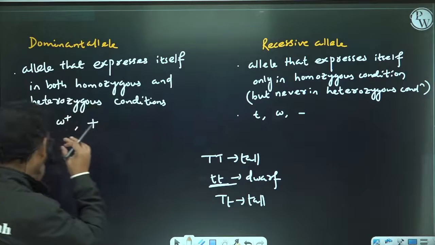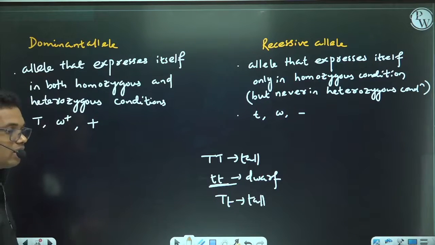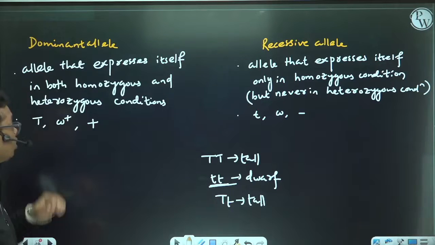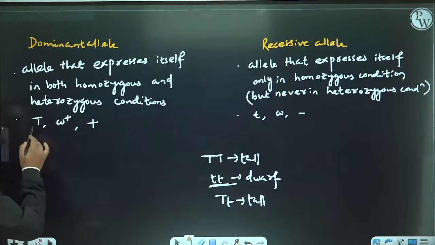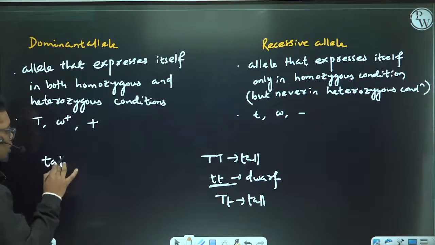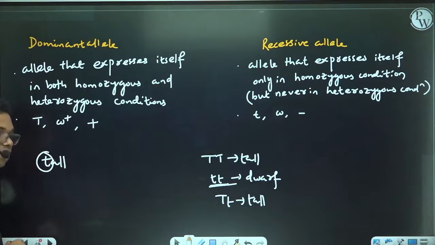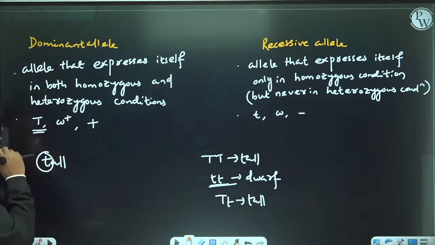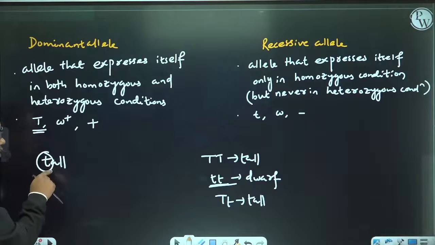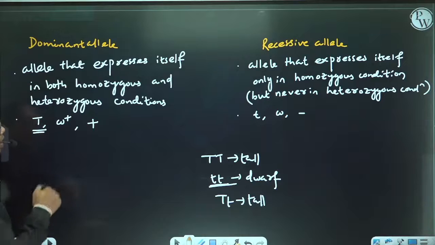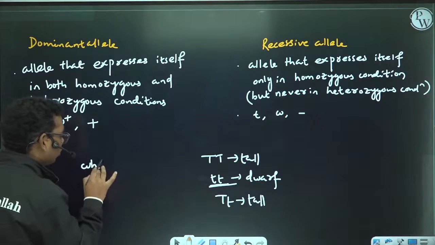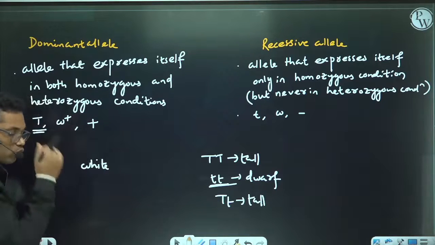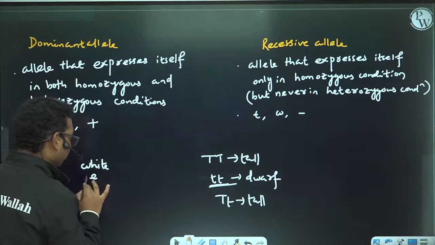For representing dominant and recessive alleles, we use different symbols. For a dominant allele, we use the capital alphabet like capital T. For example, the dominant phenotype is tall, so I will take the first letter, T, and write it in capital. Or I can use the W plus. For example, eye color in Drosophila is white or red.